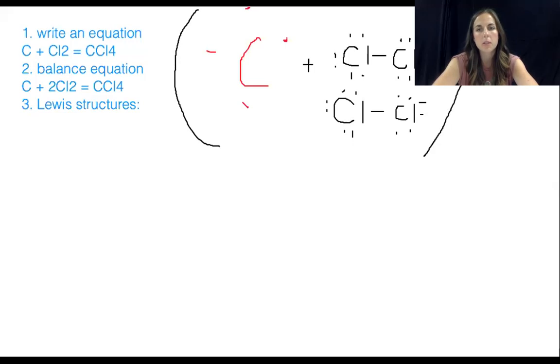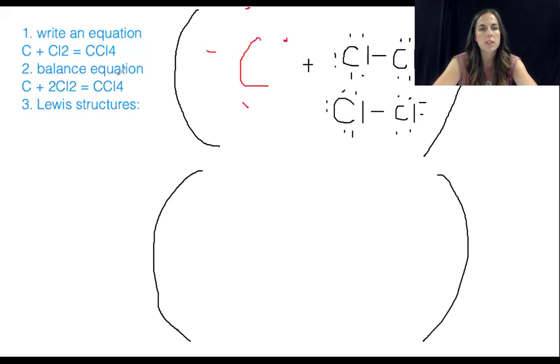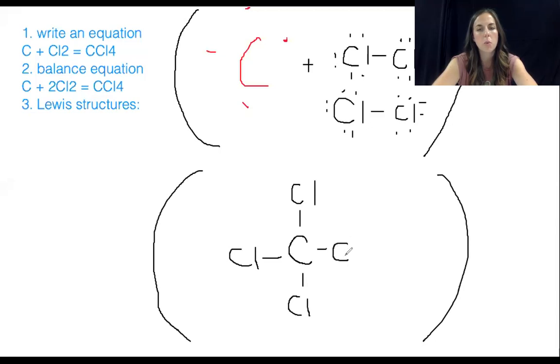All of this subtracting, and now I'm going to draw my Lewis structure for my product, which is CCl4. So carbon's going in the middle here. I've got 4 Cls. Carbon has 4 valence electrons. Chlorines each have 7. So I have 7 times 4 is 28, plus 4 more is 32. So I have to make sure I account for all of them.